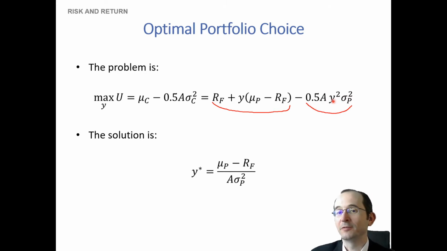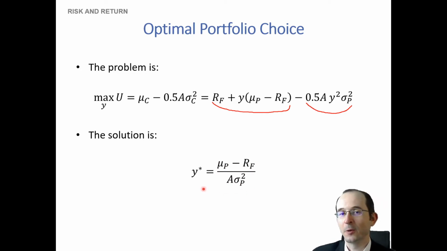And if we're solving for y, we're going to set this whole thing to 0. We can just move y times a sigma p squared to the other side of the equation, then divide both sides by a sigma p squared, and that'll tell us that y is actually equal to the risk premium over a times sigma p squared.